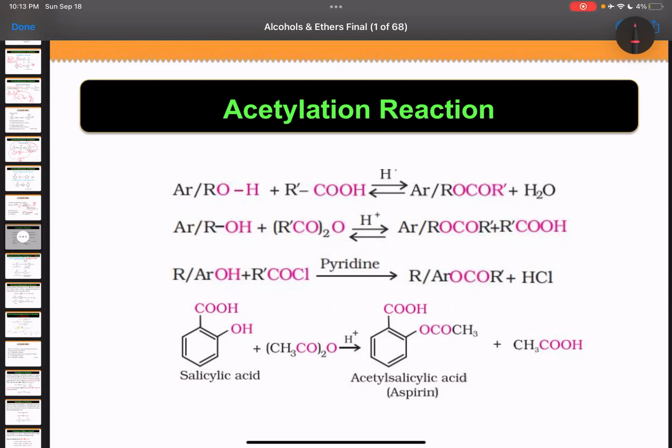Not carboxylic acid, on alcohols and amines. Okay. And what are acetylating agents?